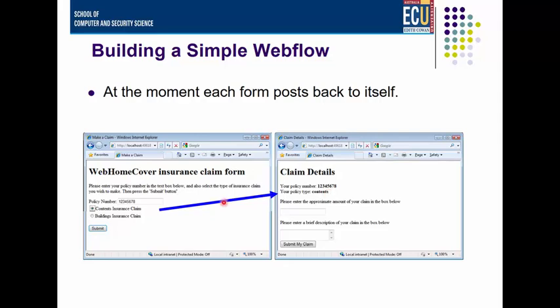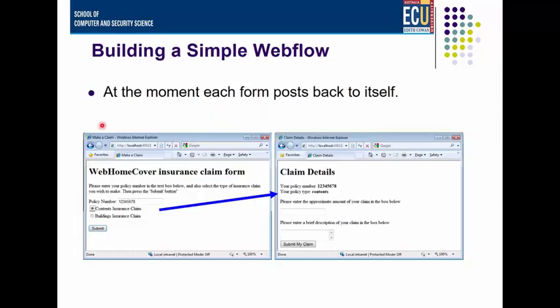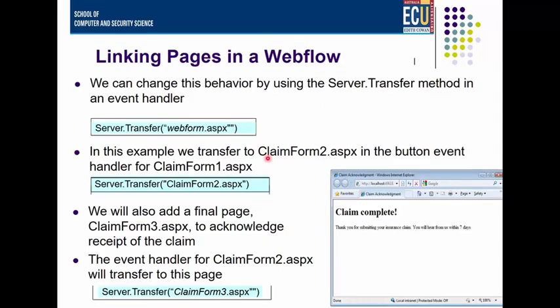Now we want to achieve that within ASP.NET web forms, so that whatever the user has entered over here should be displayed on the next web page, and then the user can add his claim information. The challenge over here is that at the moment each form posts to itself. So what can we do? As soon as this button is clicked, we need to tell the application to go to some other page. Don't post back to itself. Okay, so how can we do that?